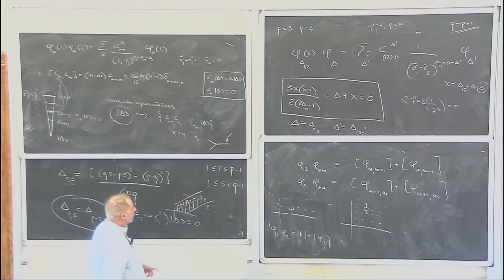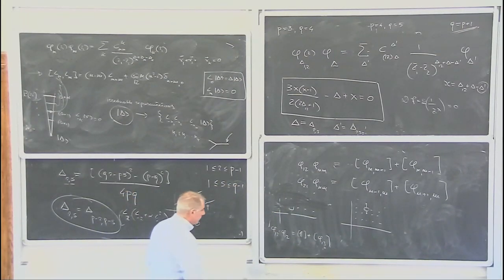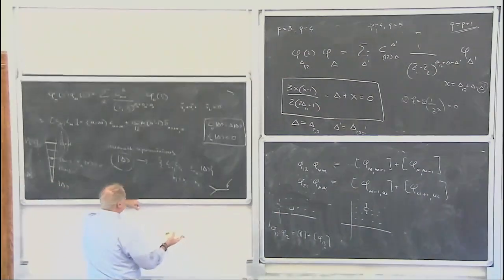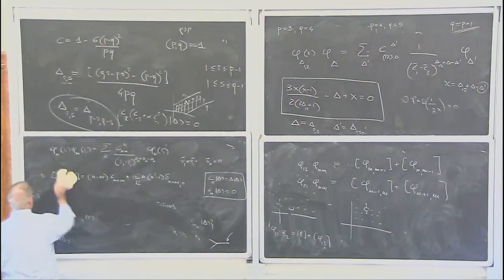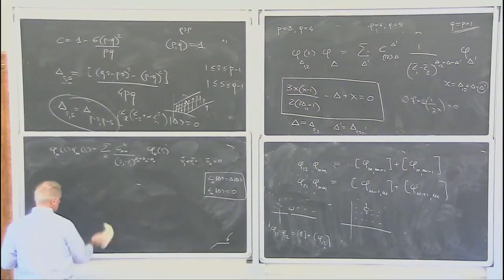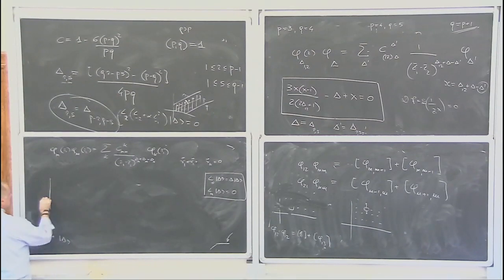Okay? Now you remember my Ising model? My Ising model was 0, 1/16, 1/2. So if I take this one, imagine magically I call this guy sigma.